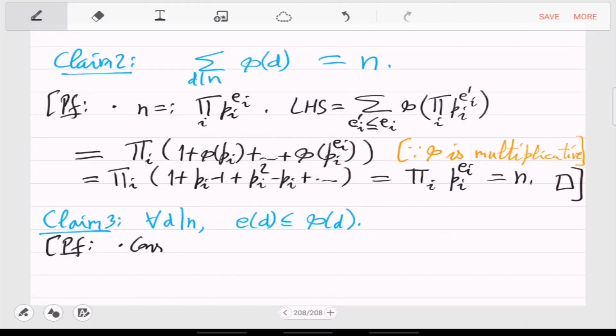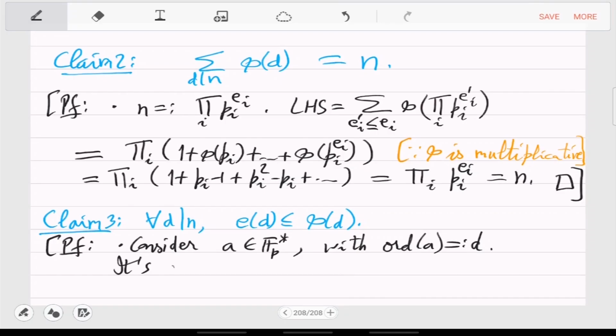So consider an A in Fp star with order of A equal to D. It's a root of x to the D minus 1. It satisfies this, of course.